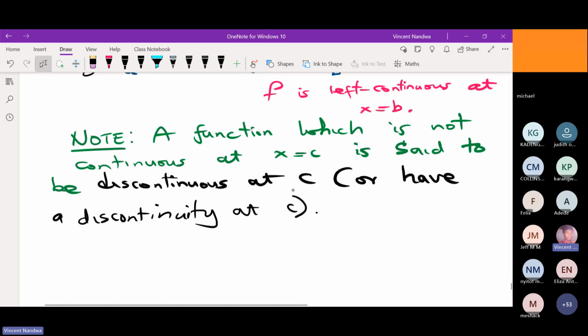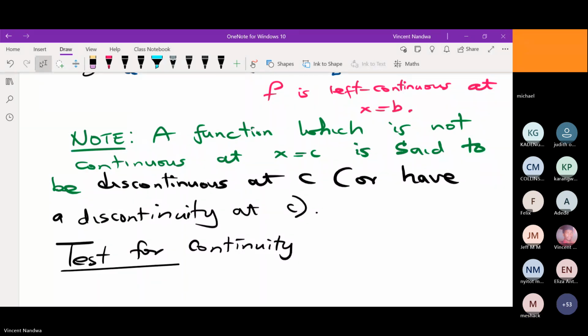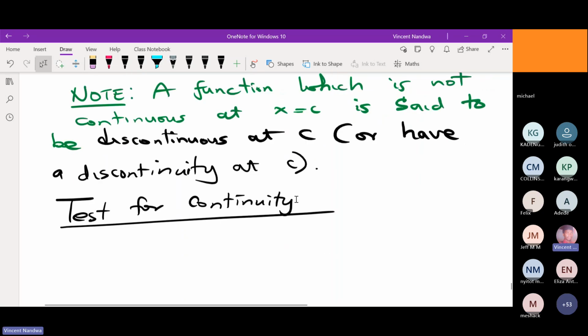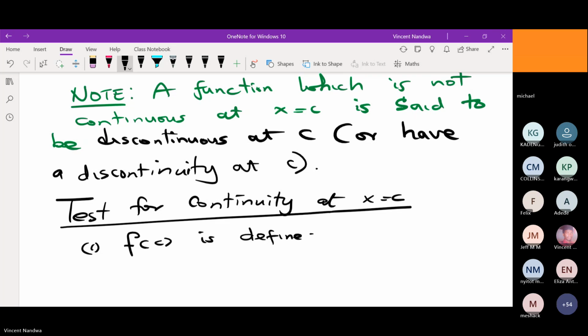So to test for continuity at a point, we check for the following. One, we check that the function f is defined at the point c.